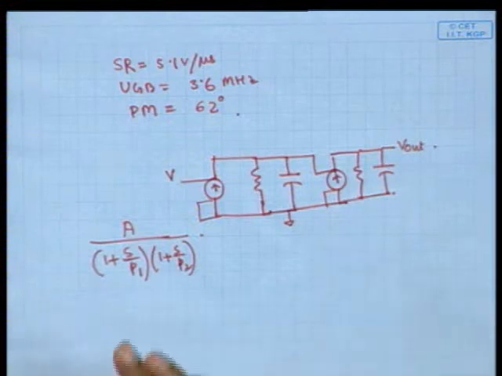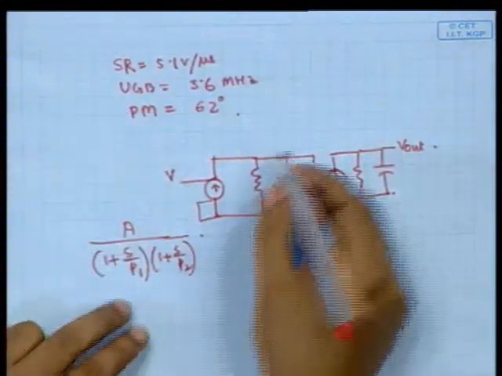So what are the things you have to model? One is your open loop gain. You just consider one stage only.